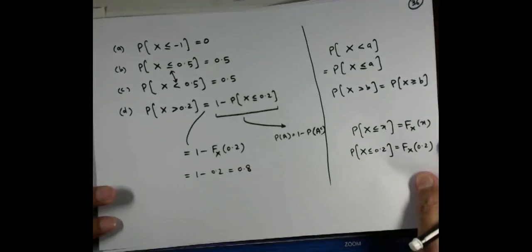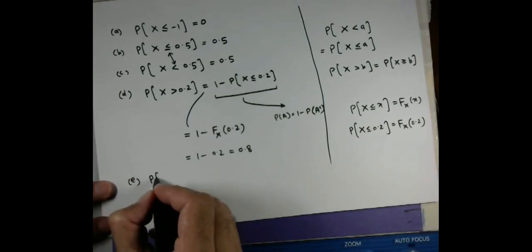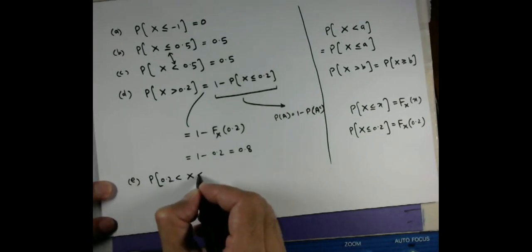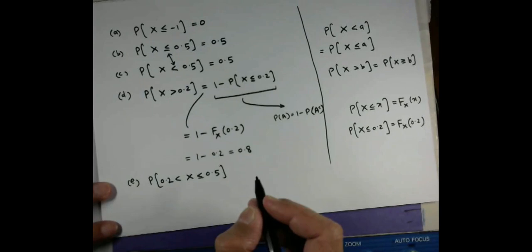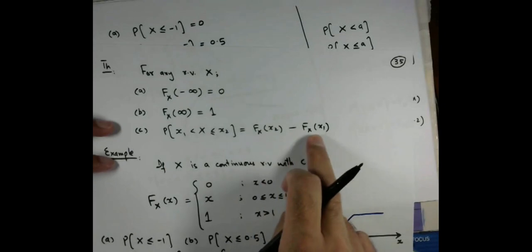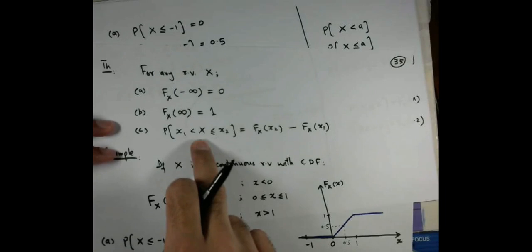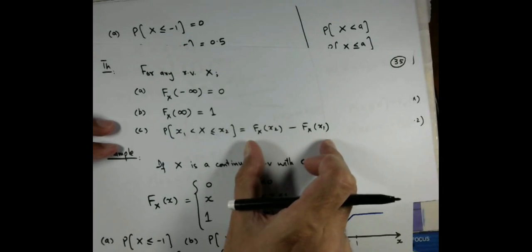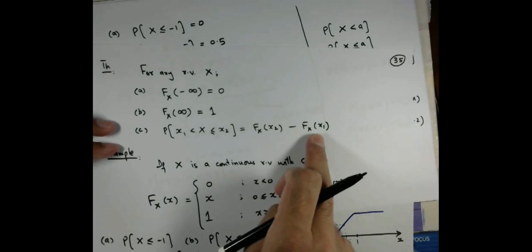The last but not the least is the E part, where we need to find the probability that x is greater than 0.2 and less than or equal to 0.5. If you recall this part of the theorem, it says that the probability of a continuous random variable x greater than this, less than this, can be obtained by writing the corresponding CDF in this fashion: the CDF at the higher point minus the CDF at the lower point.